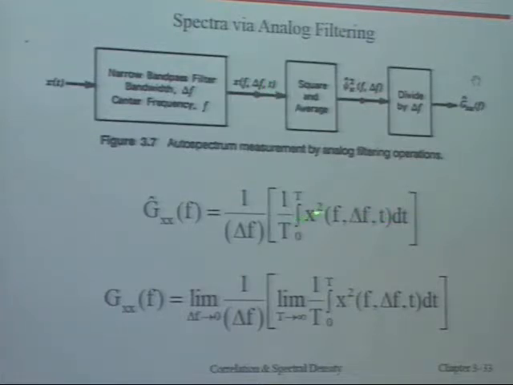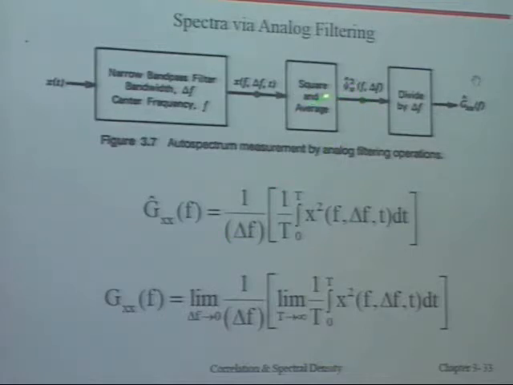Then you compute X relevant to F and delta F, then you square it. For every filter, you square the magnitude. You can convert the integration to a summation, then you average it. Then divide by delta F.